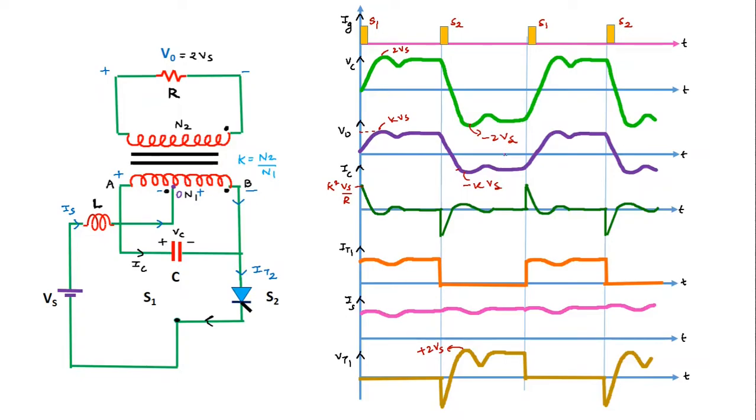The waveforms of the capacitor voltage and load voltage will be similar, and when the voltage across the capacitor is reversed, the current through the capacitor is also reversed. So we get the reverse waveform with respect to the first case when the S2 SCR goes into the on condition. When this S2 SCR goes into the on condition, the S1 SCR will go into the off condition. So the current through this S1 SCR will be equal to 0, and the source current remains continuous.